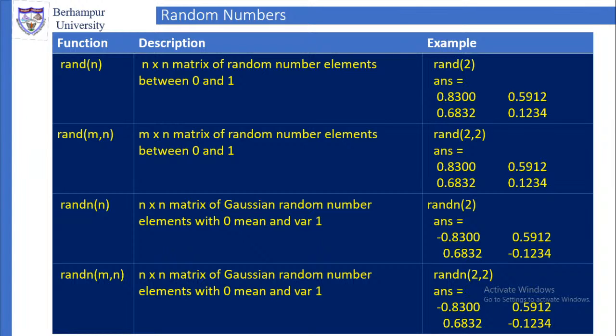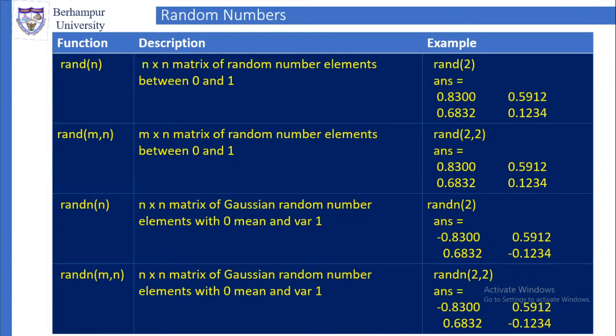Now, if I want only one random number, then I can write rand1. If I write rand1, then I will get only one random number, a 1 cross 1 matrix. So you can generate a square matrix whose elements are random numbers and whose size is n cross n using the rand function.